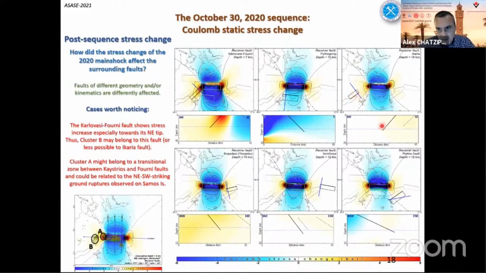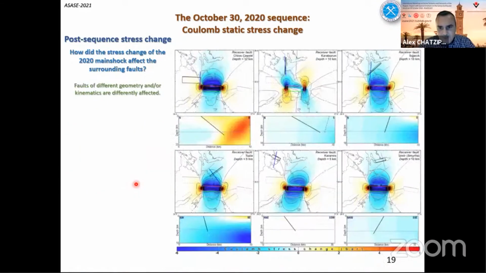However, the cross-section shows that the stress rise is very low with respect to the Karlova-Sifurni fault, so this is a more probable source of activity. Cluster A, which is located here between the main shock and cluster B, can probably be associated with a transitional zone between those two faults, and they are in good agreement with the ground ruptures that I showed you in the previous map.